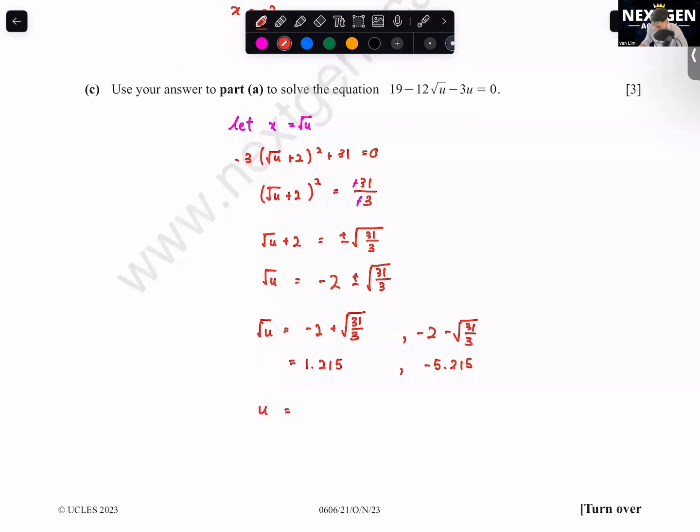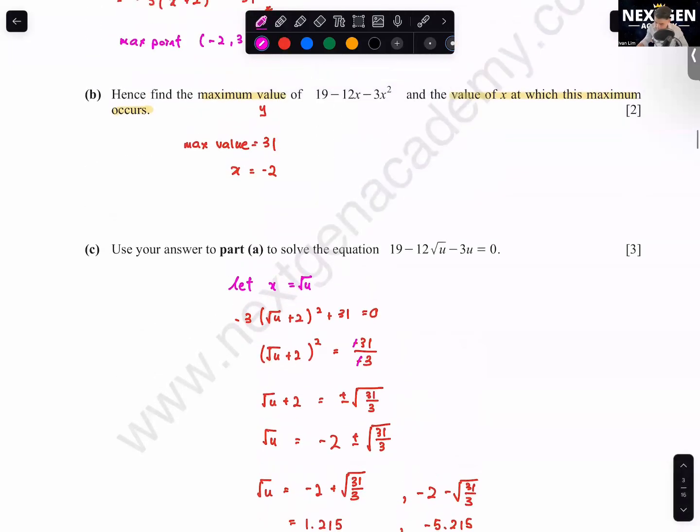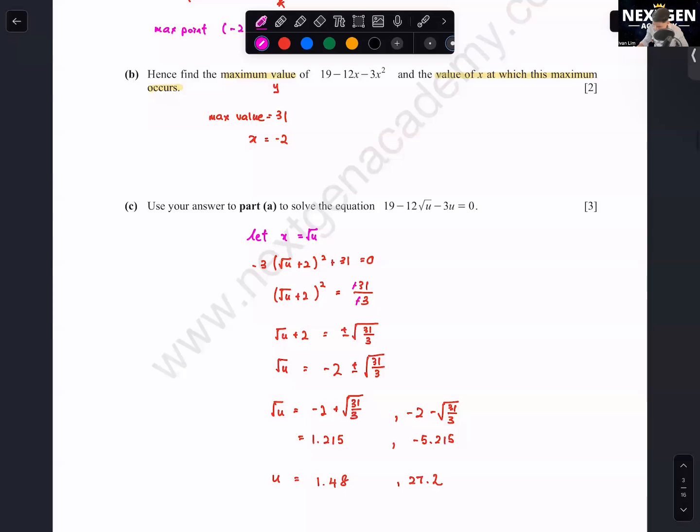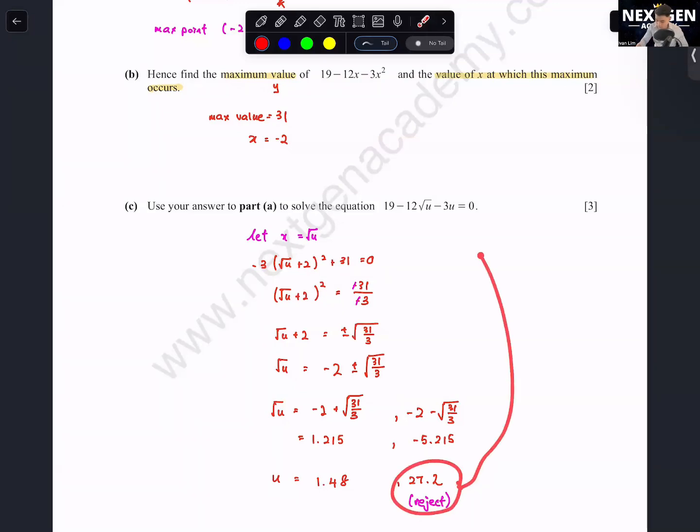Then you go and square both values here. 5.215 squared, you will get 27.2. This one you will get 1.48. But you've got to reject this one because you look at your original value. Your original u is from x.